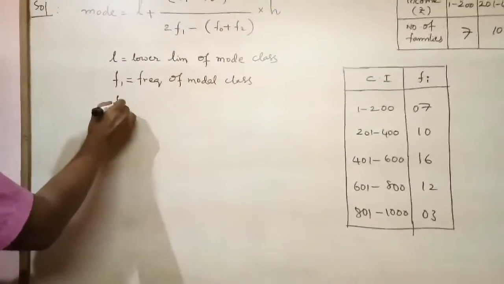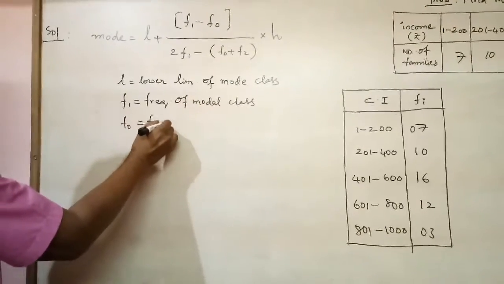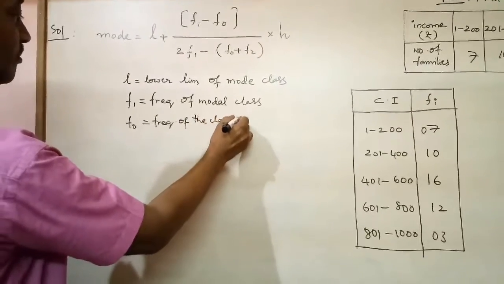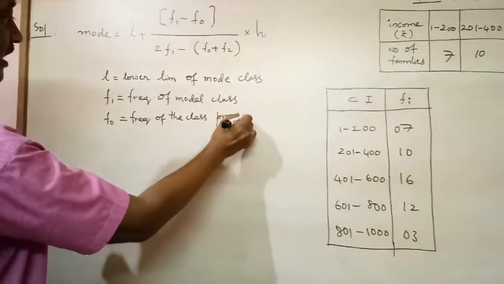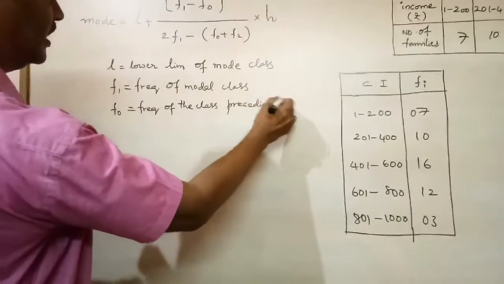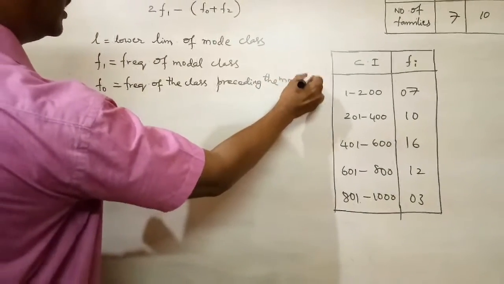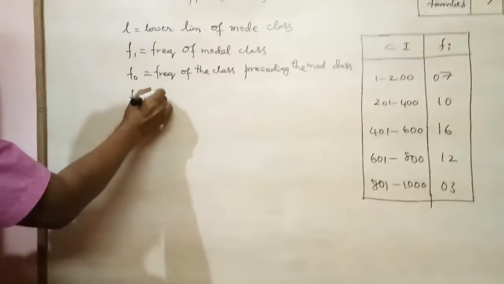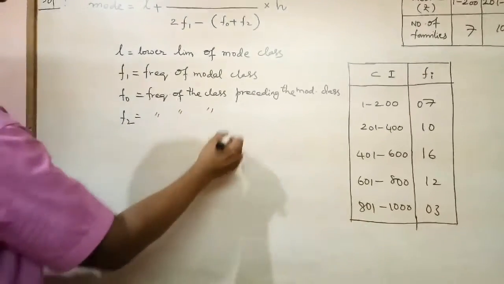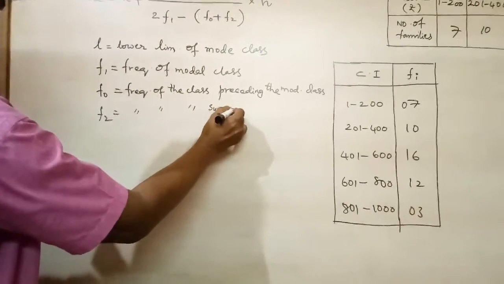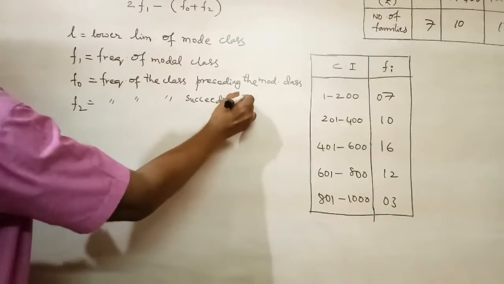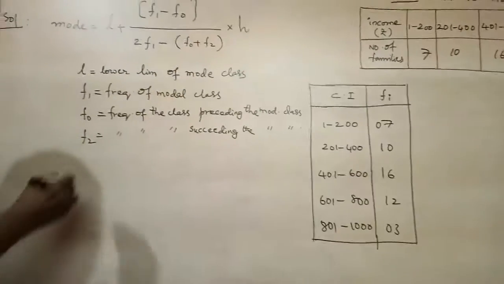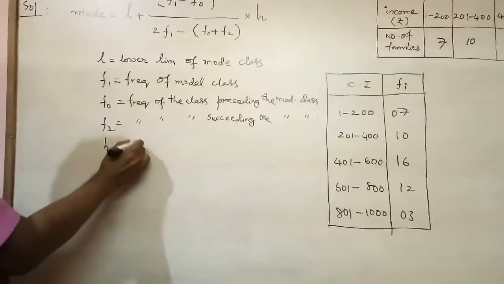F0 means the frequency of the class preceding the model class. F2 means the frequency of the class succeeding the model class. H means the class interval.